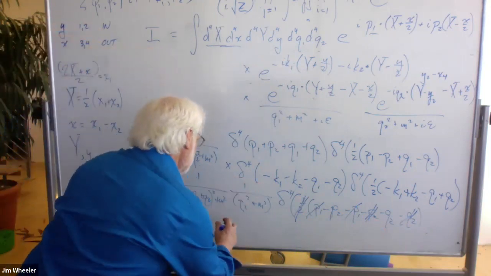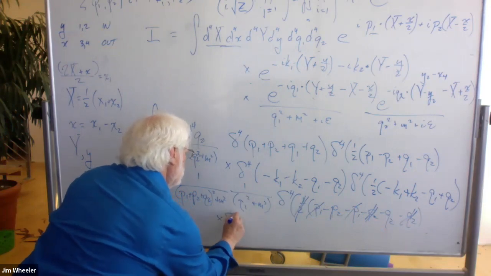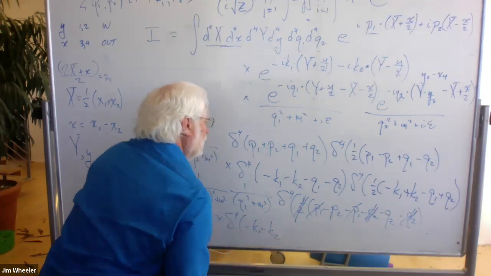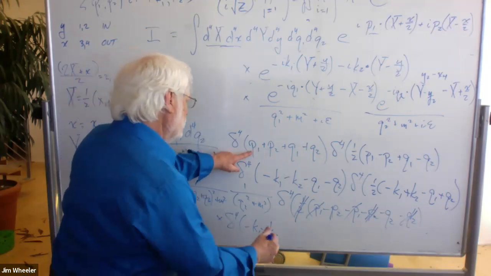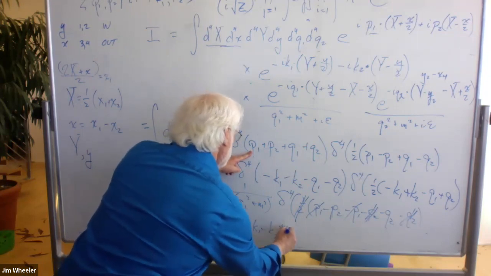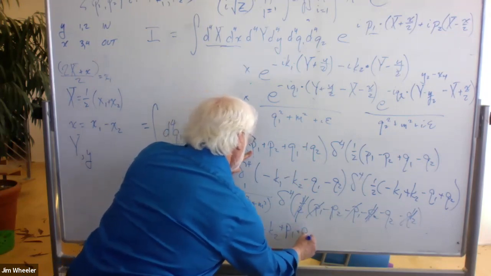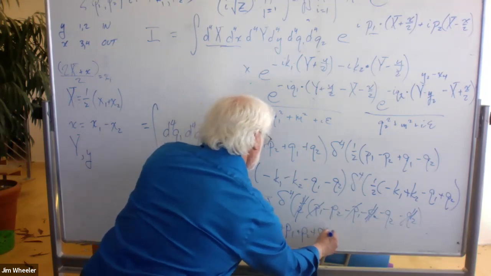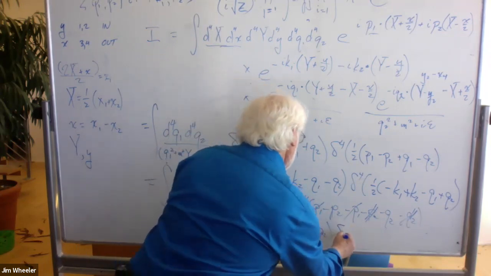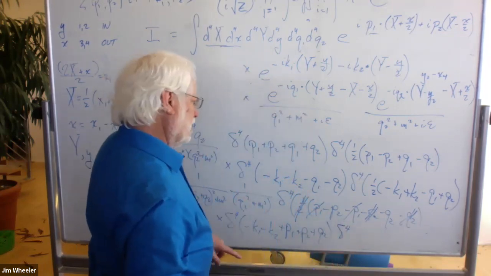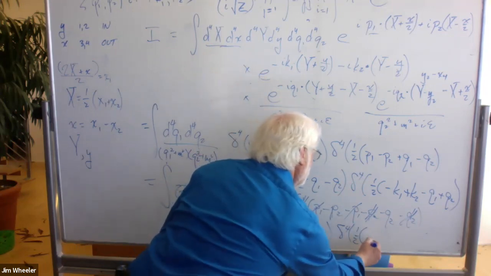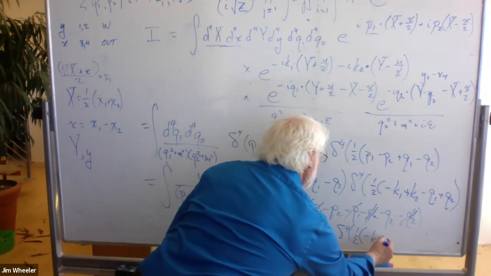Then these two, minus K1 minus K2, right? Q1 was minus these 3. So that's going to become plus P1 plus P2 plus Q2. And then that's weird. Therefore, 1/2 minus K1 plus K2.